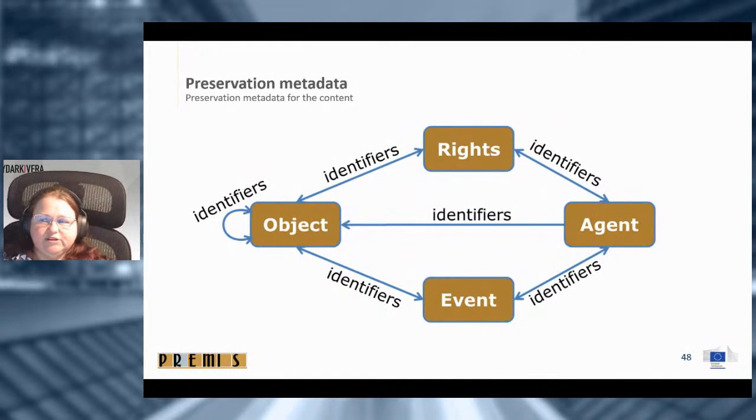For the administrative metadata, I also mentioned that we can use PREMIS. PREMIS is one of the only standards around for preservation metadata. Preservation Metadata Implementation Strategies is the full name of it. Here we talk about the objects as digital objects, and we need to know about them, the file format.